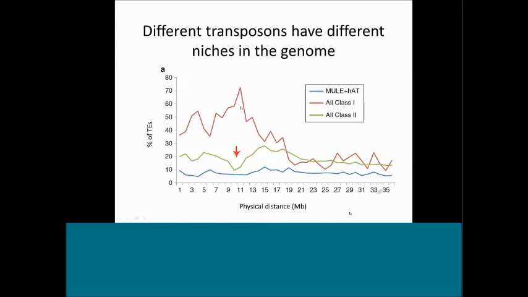As you can see, most of the class 1 transposons are concentrated in the pericentric region and form heterochromatin. In contrast, the green line is the class 2 DNA transposons. Most of them have low abundance in the pericentric region and are located more on the chromosome arms.